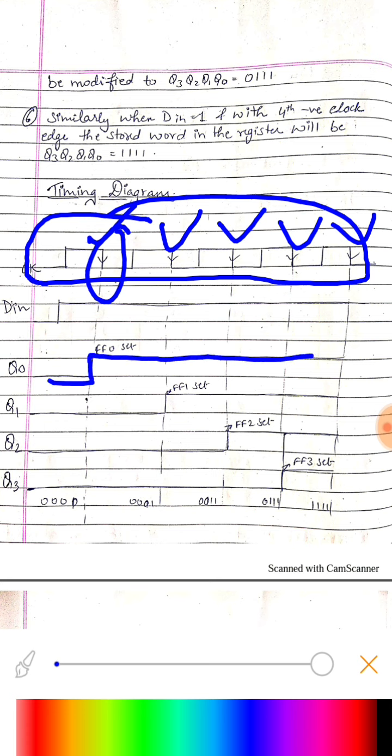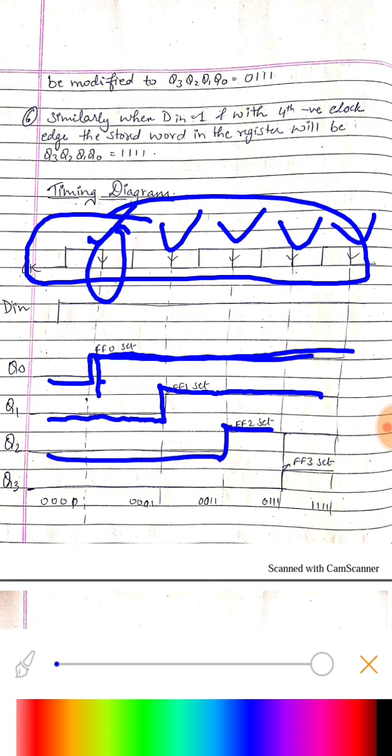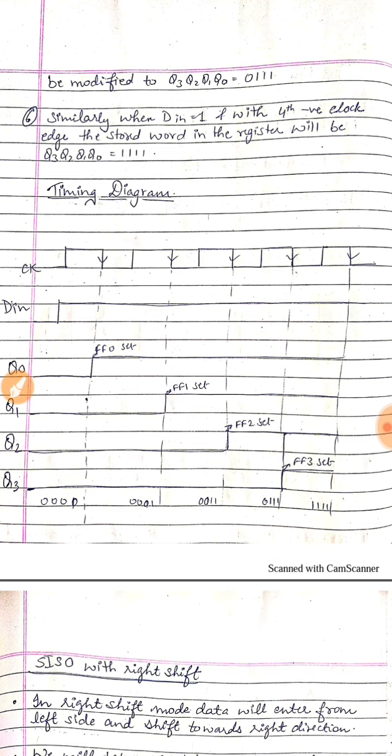On the second edge the data in Q1 will become 1. Similarly, at the third negative edge Q2 will become 1, and at the fourth negative edge all the flip-flops will become 1. So this is how it is done.